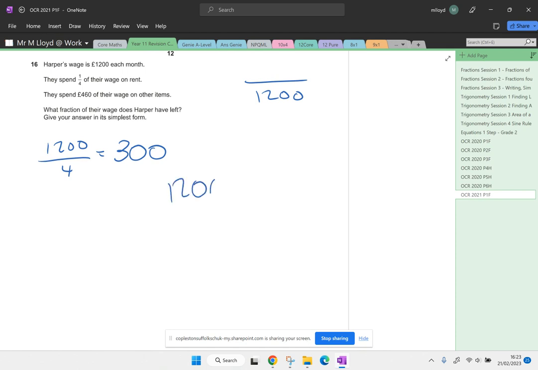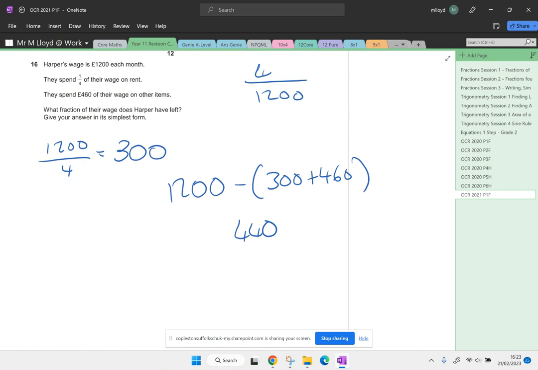And then that 1,200, we need to take away not only the 300, but we need to take away the 460 as well. So 1,200 take away 300 plus 460, and that gives us 440. So 440 is left.